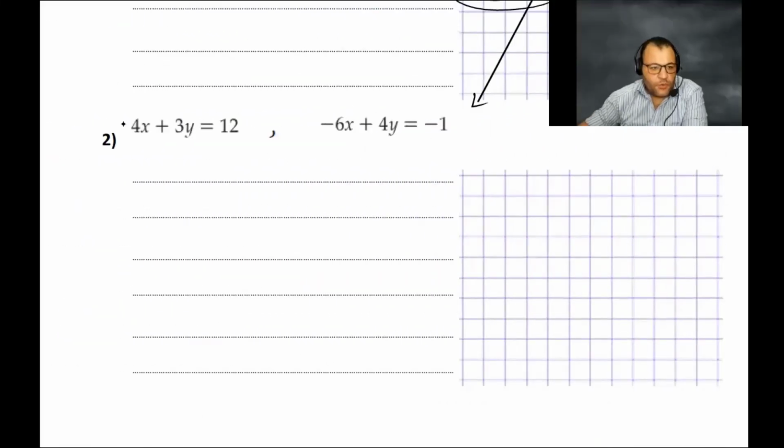Just 1 minute to solve question number 3. The two equations that we have now are written in standard form, which is ax plus by equals c. So how can we find the slope if the equation is written in standard form? You remember this one?